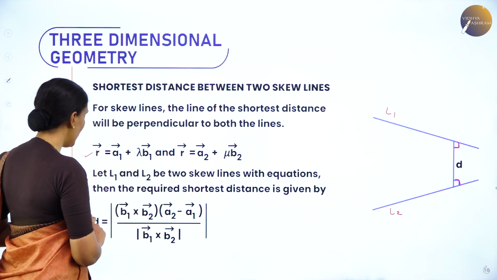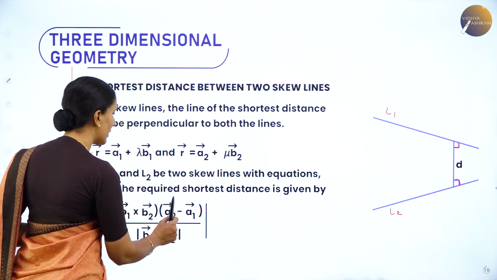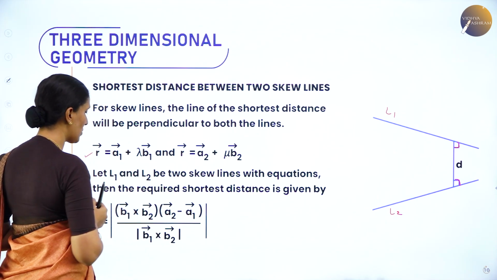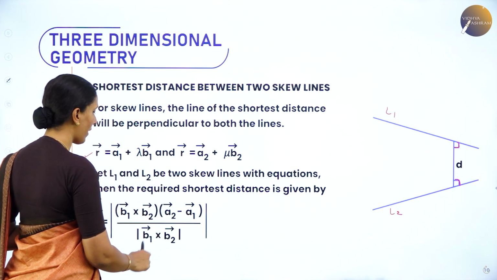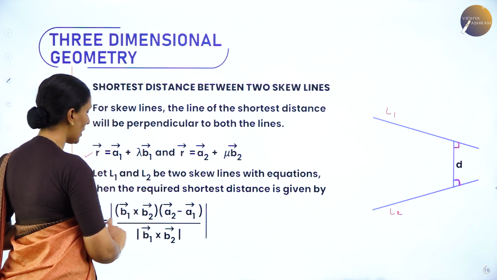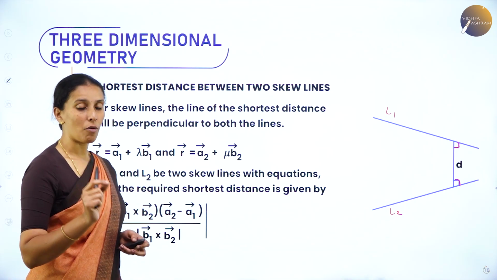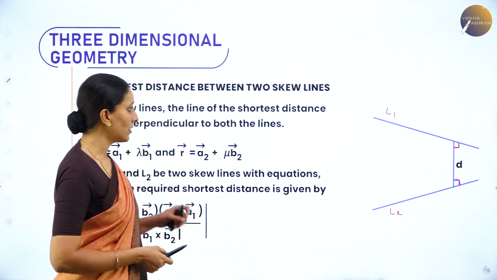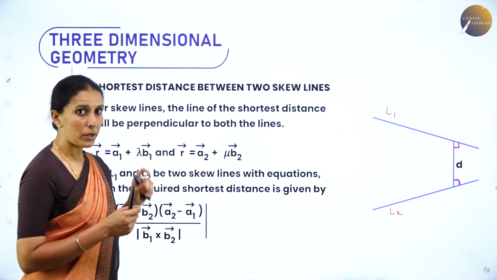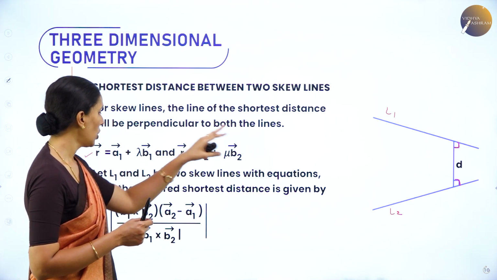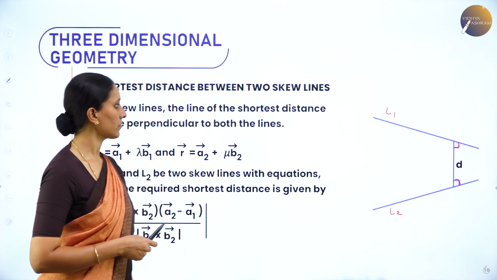If you learn this formula, it's easy to find the difference between the vectors a2 and a1. Then we take the cross product of b1 and b2 divided by its magnitude, so that the entire thing comes out as a scalar quantity. Thus, the distance between skew lines is always the shortest distance, along the line perpendicular to both lines.